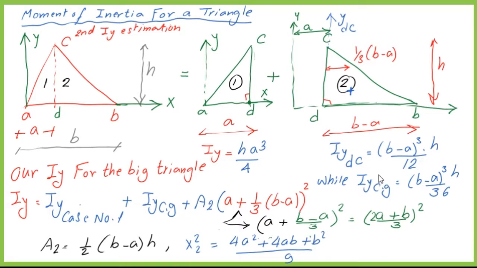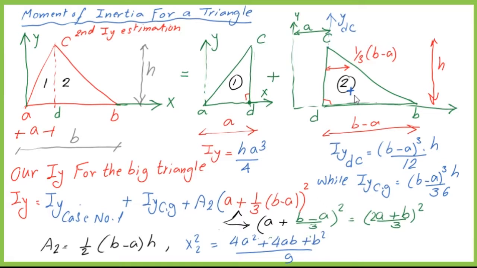While our IY at CG was equal to B minus A to the power of 3 divided by 36 multiplied by the height H. We cannot evaluate the moment of inertia at the Y axis using the value of the moment of inertia at the Y DC, but again we have to proceed always in order to get the moment of inertia for any location.